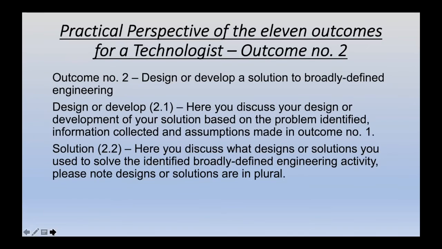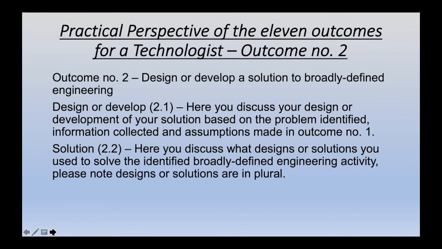Outcome 2, design or develop a solution to broadly defined engineering problems. Now you design or develop is item 2.1. Here you discuss your design or development of your solution based on the problems identified, information collected, and assumptions made in outcome 1.